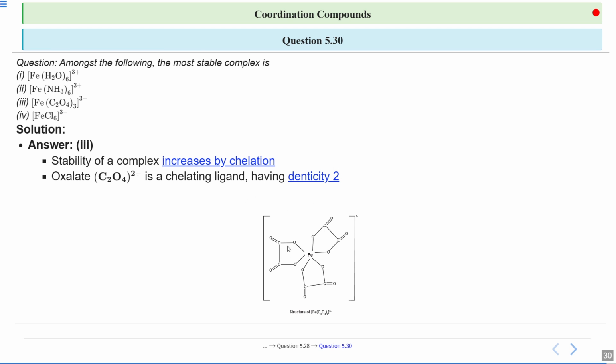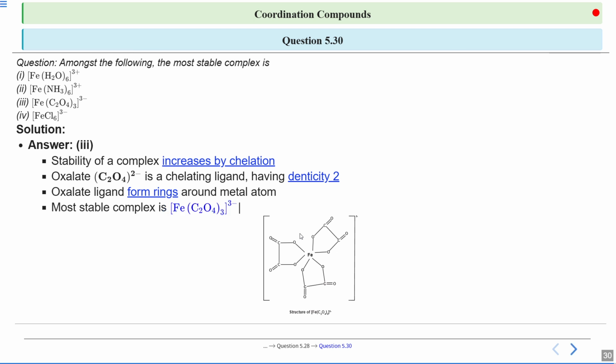That means it can bind through 2 oxygen atoms, 2 donor atoms, with the central metal ion. And the oxalate ligand forms rings around this metal atom. So it will increase the stability of the complex by this chelate effect shown by the oxalate ion. And the most stable complex therefore will be [Fe(C2O4)3]3-.